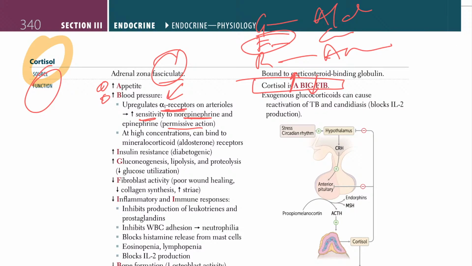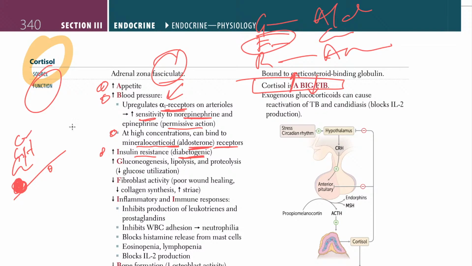At higher concentration, it can bind to even mineralocorticoid aldosterone receptors. Wow. Amazing. Right. Second thing, increase insulin resistance, diabetogenic, which if you recall, we talked about cortisol, growth hormone, and one more. These were all counter-regulatory hormones, which are diabetogenic, causing insulin resistance.